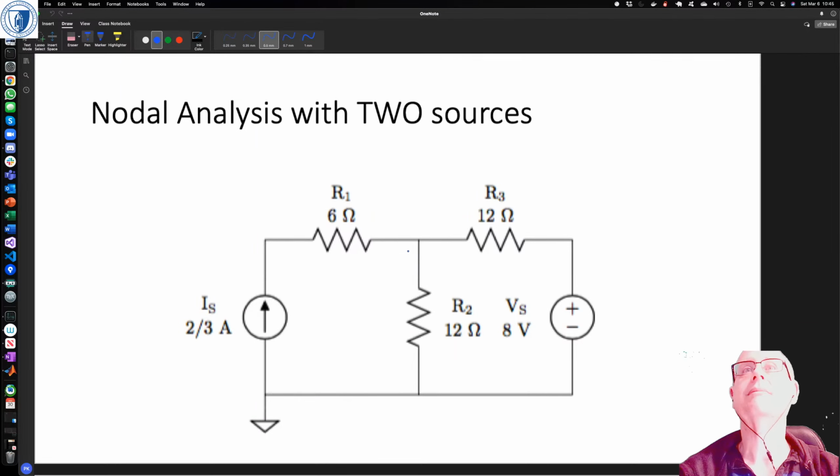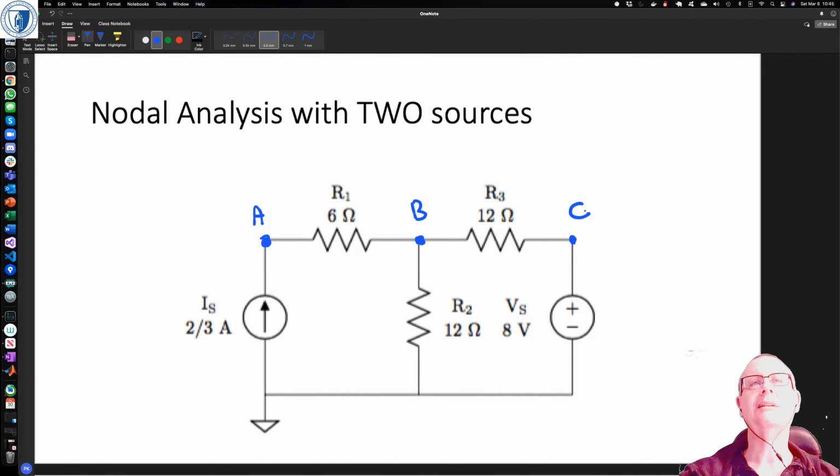So here we have a circuit, and even though I'm drawing the nodes as dots, it means all of the wires connected to those dots is the node.